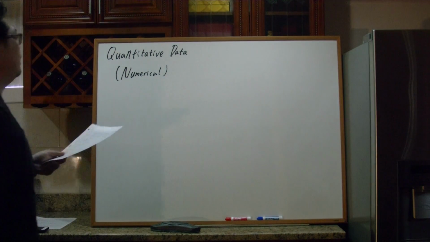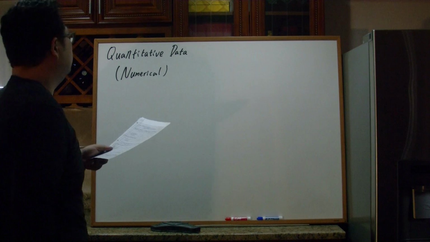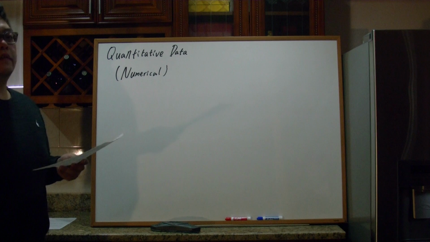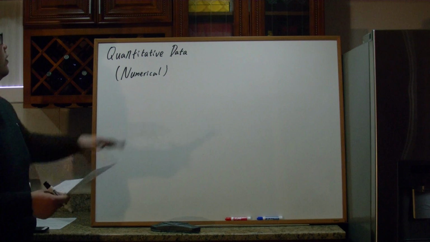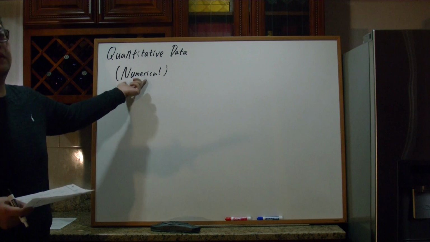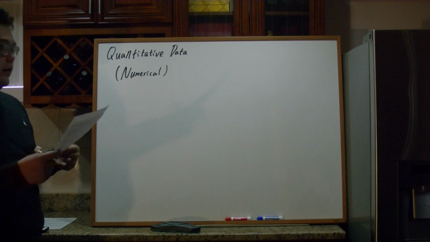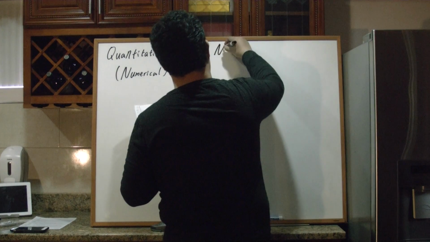For data, it can be separated into quantitative data or qualitative data. Quantitative data has a base called quantity, referring to amount, so another name for it is numerical data. That is simply a number or numbers.